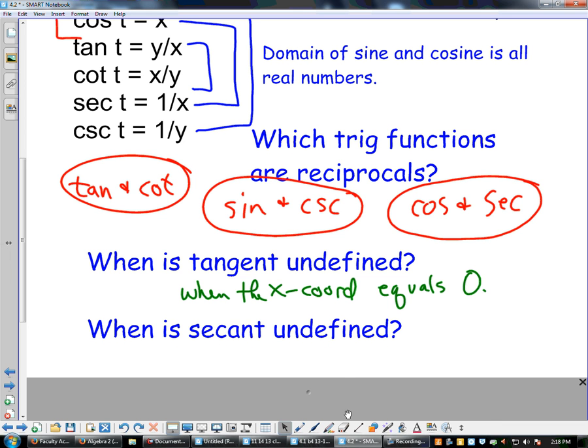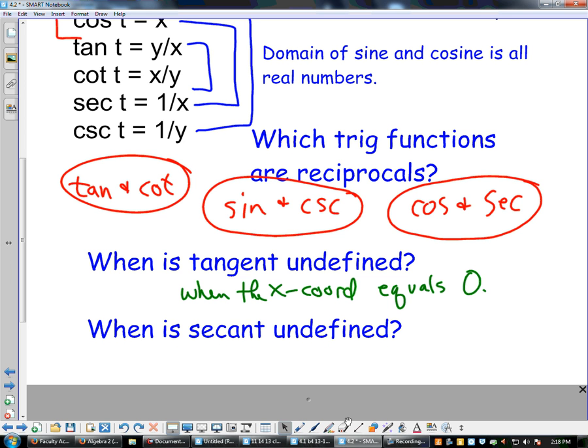I need to get my popsicle sticks out. Emily H. So same thing, right? When the x is equal to 0, all right?